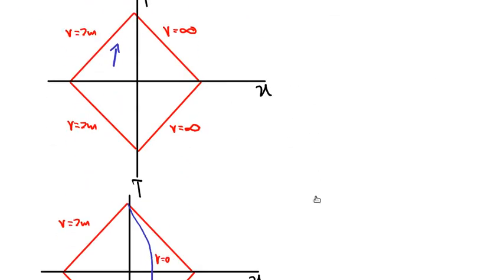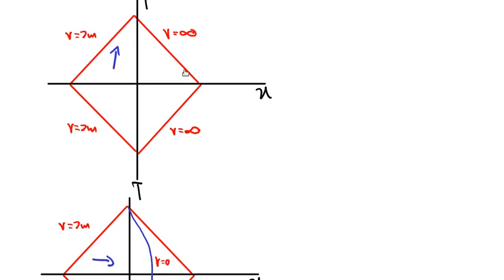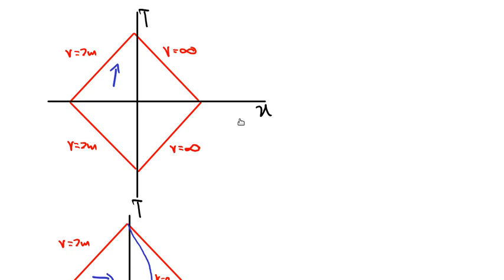Okay, so I just have to draw this blue arrow to indicate the time orientation, right? So we have these two diagrams, and now we need to take into account that if we do the following transformation in this diagram, then if you look at the expression of the metric, the metric doesn't change, but the diagram does change.